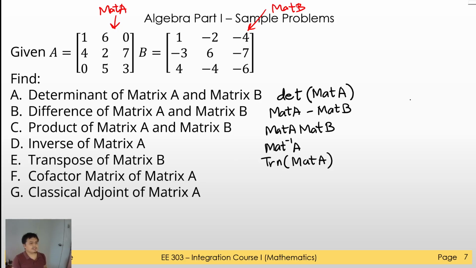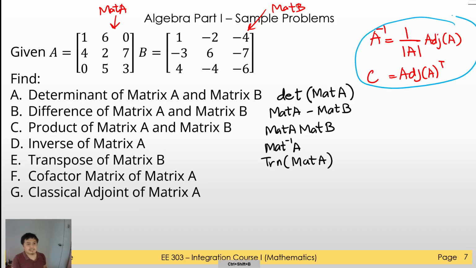For the cofactor, how do we solve for it? We actually have a definition for the inverse of a matrix, if you can remember from your linear algebra. A inverse is equal to 1 over the determinant of A times the adjoint of A, wherein the adjoint of A is the transpose of the cofactor matrix. So we can utilize this definition to solve for the cofactor.